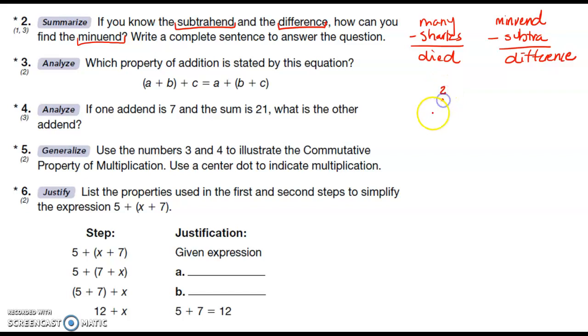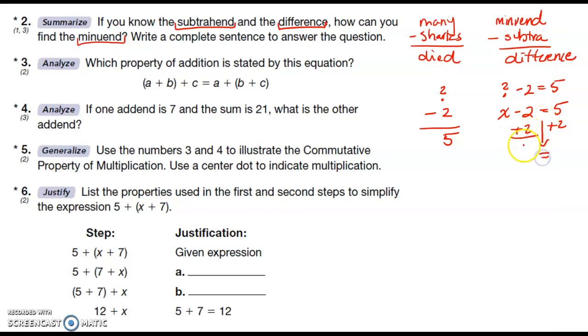So let me see if I can make it a little bit easier. I don't know the minuend. Let's say ? minus 2 equals 5. I could also write this as x minus 2 equals 5, putting an X in place of the question mark. Something minus 2 equals 5. How am I going to find X? I'm going to do the opposite of subtraction, and I have to do it to both sides.